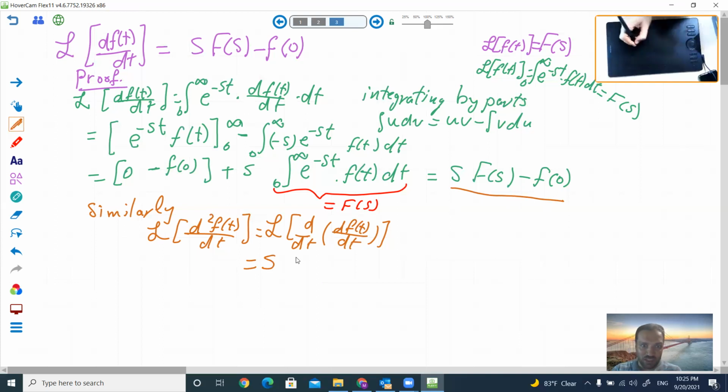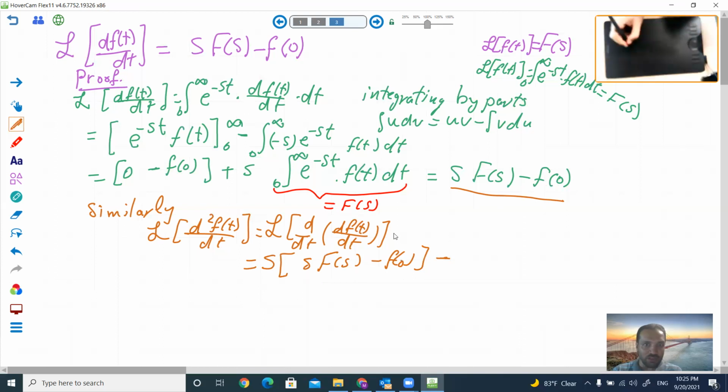So it is s times this whole expression, s f of s minus f of 0, minus the function itself at 0.